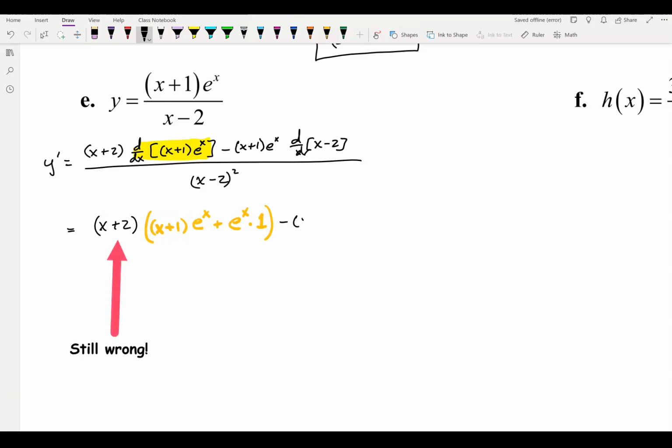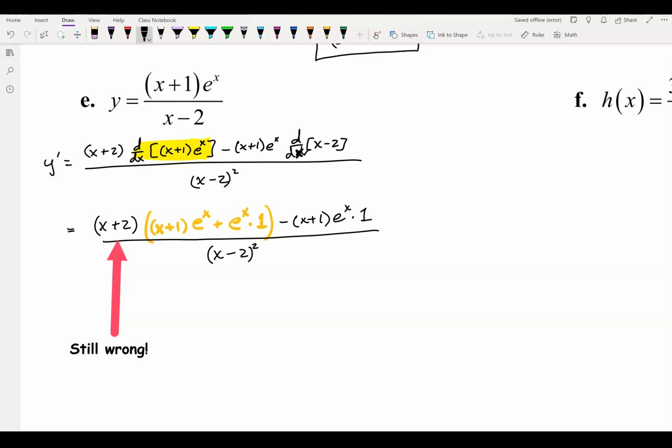And then we can copy everything else in black. Of course, here, the derivative of x minus 2 is just 1. So if you want, you can write it times 1, but it's really unnecessary. And then on the bottom, we have x minus 2 quantity squared.